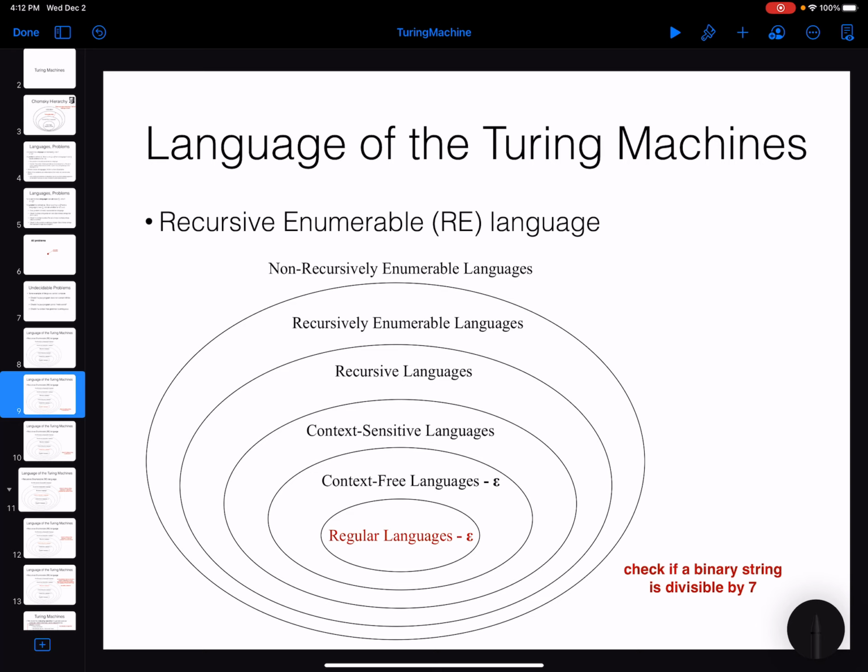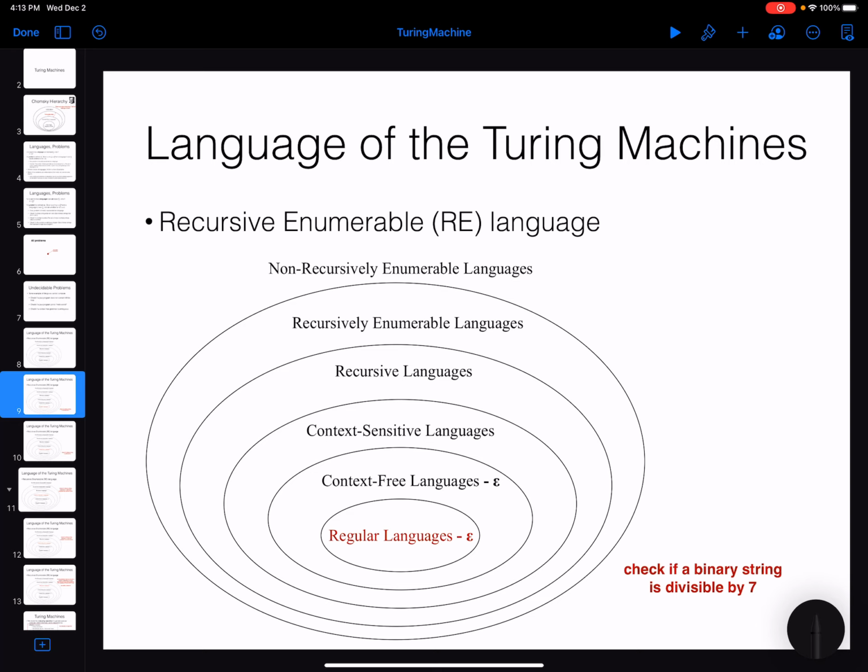So not only are they solvable, but the amount of power that you need to solve them is just limited to a finite number of states. You don't need a stack, you don't need access to an infinite amount of memory. No, just a finite number of states is going to be enough to solve them.